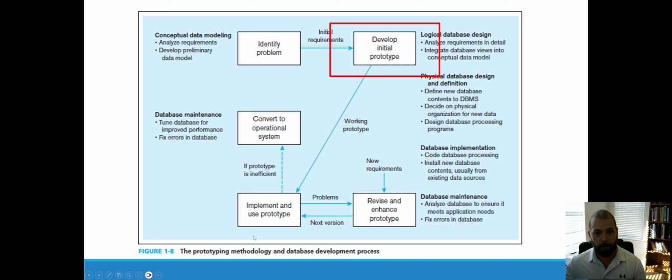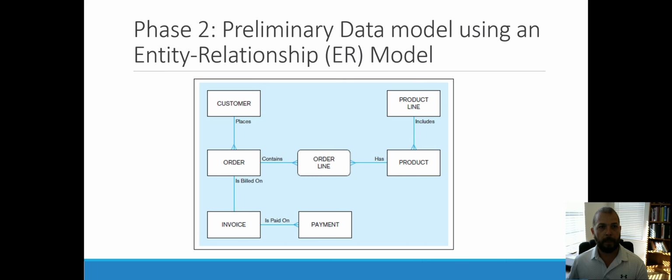If there are problems with that prototype that we need to address, we may go back and create revisions or enhance the prototype and come up with a new version. So this becomes kind of a cyclic process. And it's only in phase three that we then move on to convert this into an operational system. But for now, I'm going to talk a little bit more about phase two, developing that initial prototype using these ER models, these entity relationship diagrams.